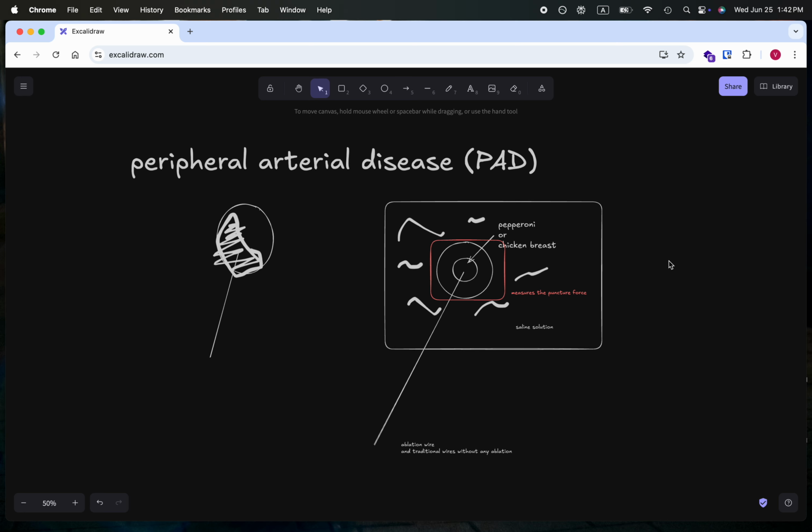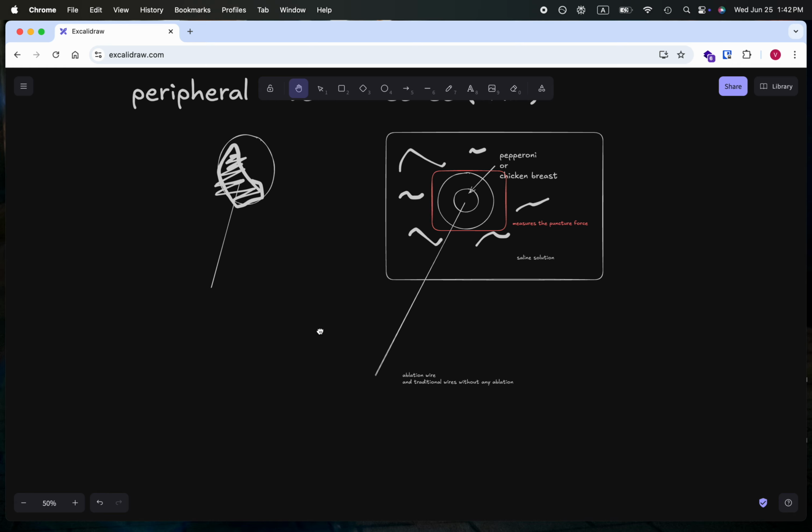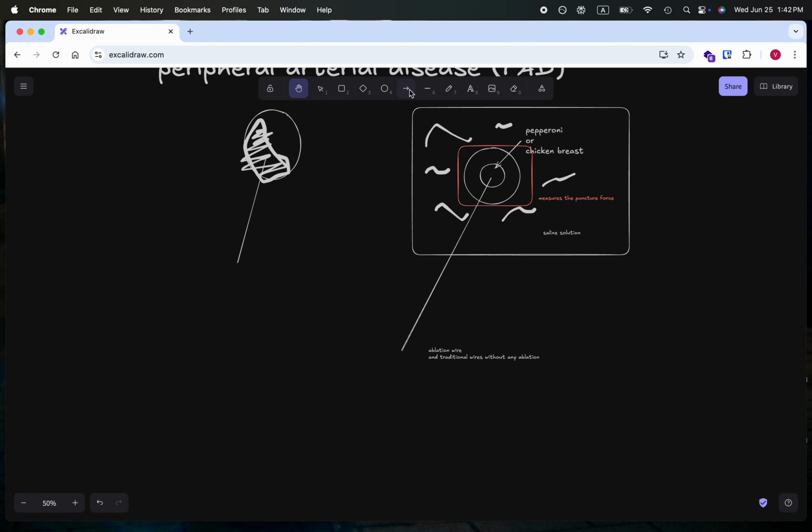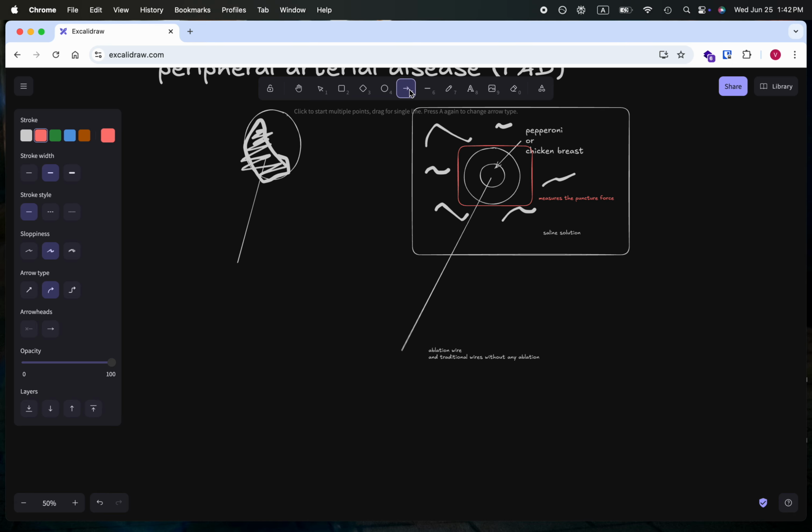And from that point on, as we collect the data, we need to interpret it, right? So it is actually a time series data. So when we plot this, it looks something like this.